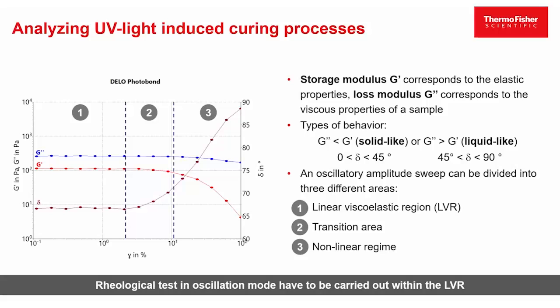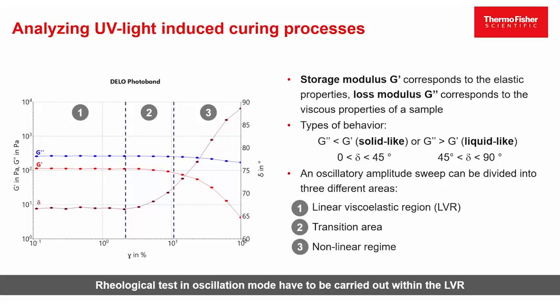After this, there's a transition area which directly leads into a nonlinear regime. Here, the rheological properties are decreasing quite dramatically. As said before, when we want to perform rheological tests in oscillation, we always have to be sure that we are within the so-called LVR, the linear viscoelastic region.